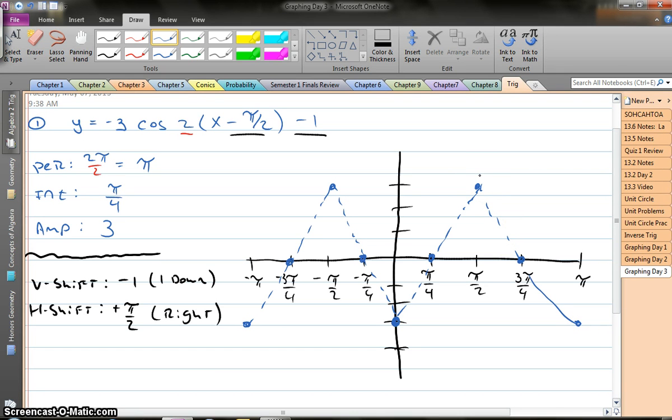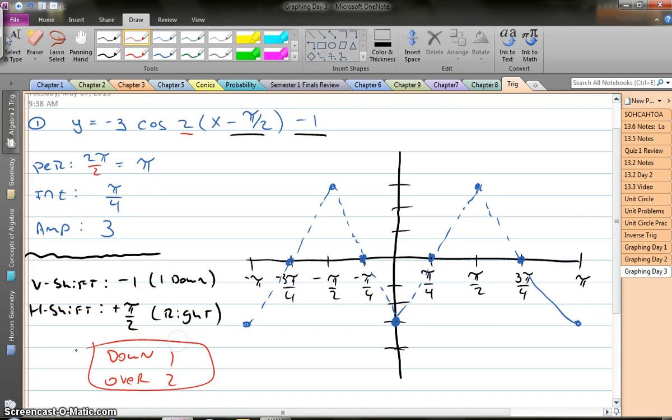Okay, now my vertical shift we said is down 1, and my horizontal shift is pi over 2. So in this case, pi over 2 is how many intervals? 1/2 pi is 1, 2, right? So I'm going down 1 and over to the right 2, because pi over 4 is my interval, so pi over 2 is 2 of those.